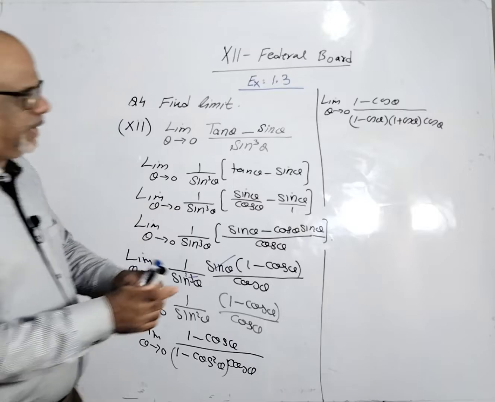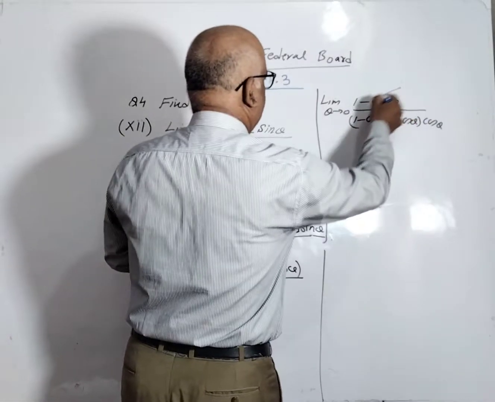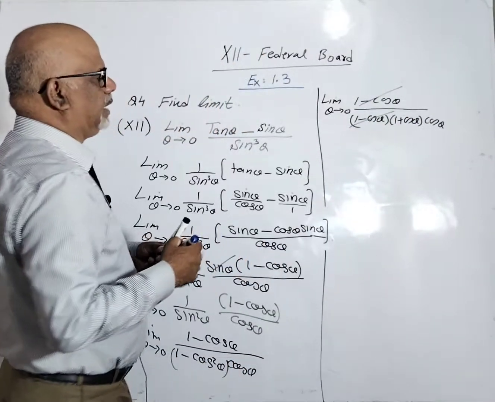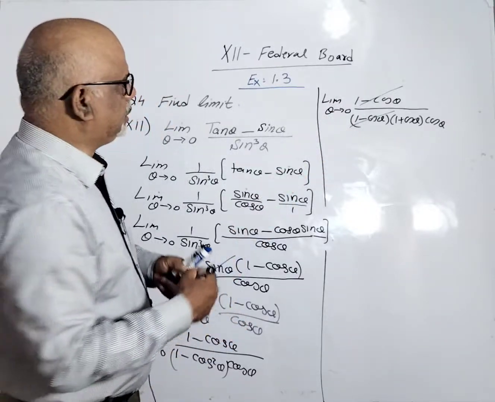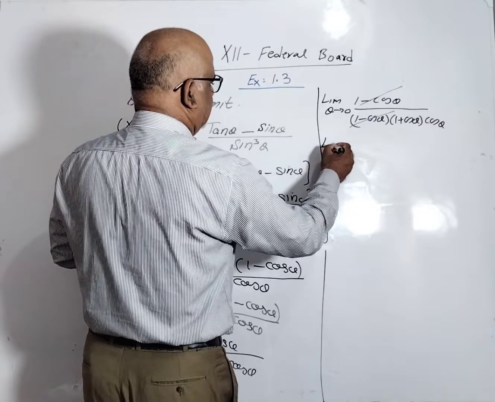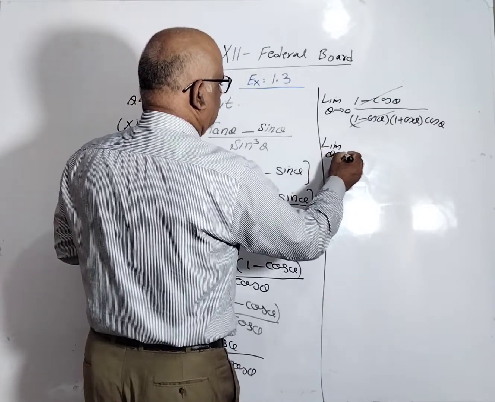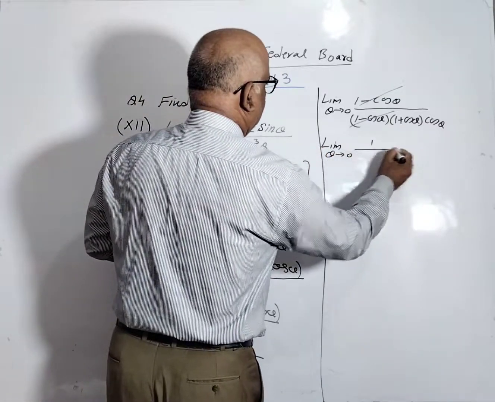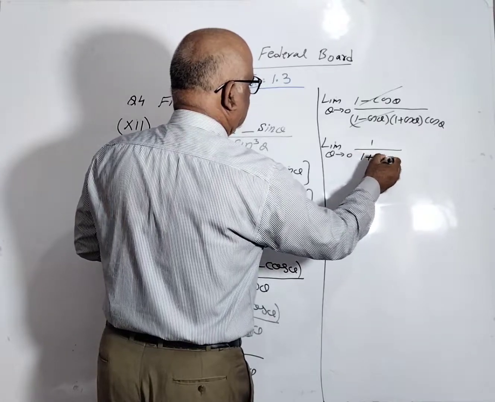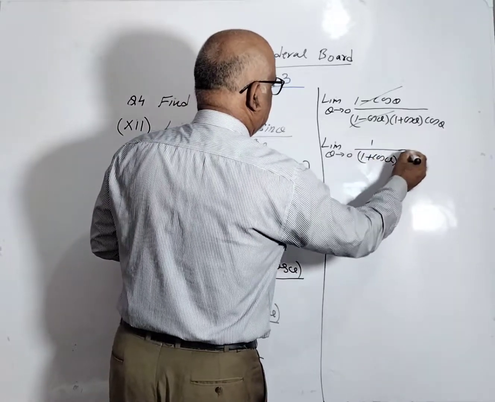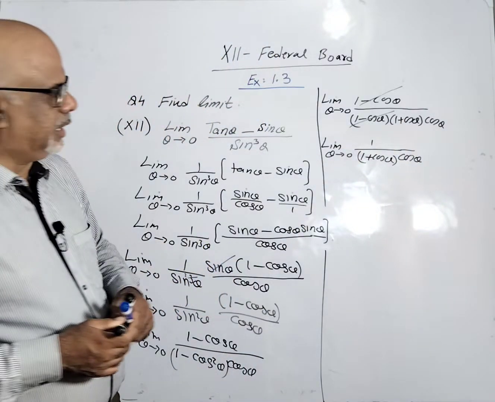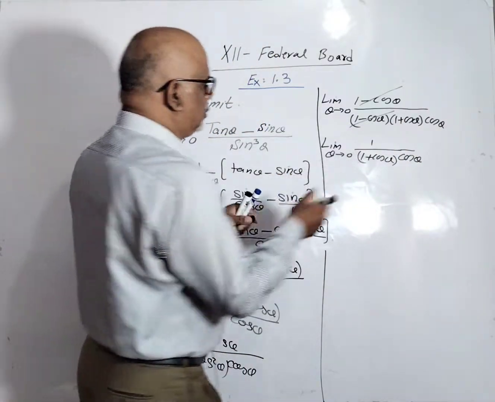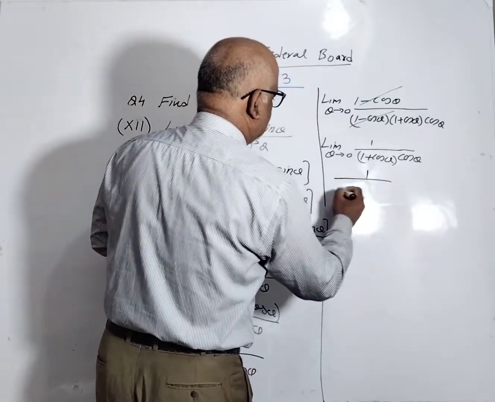This factor will cancel out with the factor 1 minus cos theta in the numerator and denominator. So this is limit theta tends to 0 of 1 over 1 plus cos theta into cos theta.